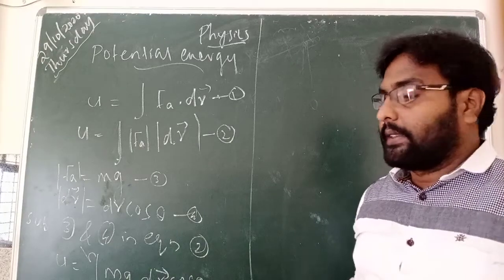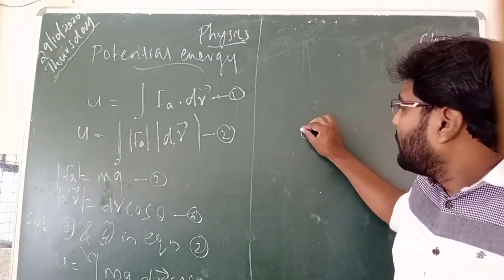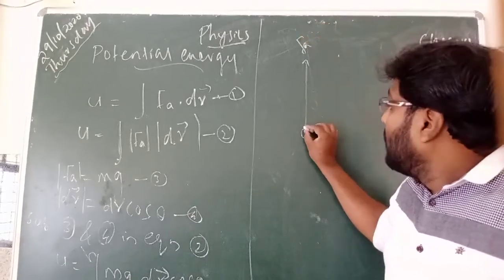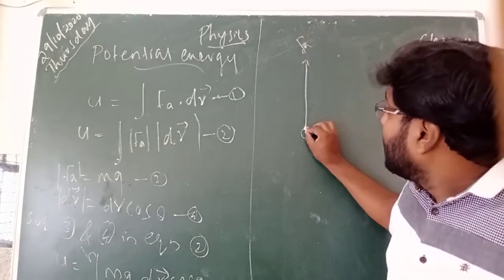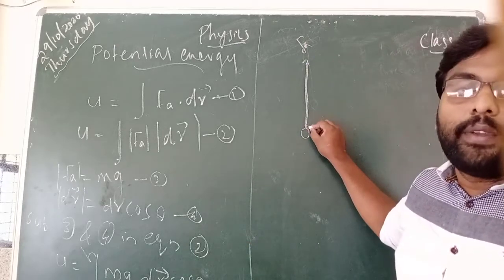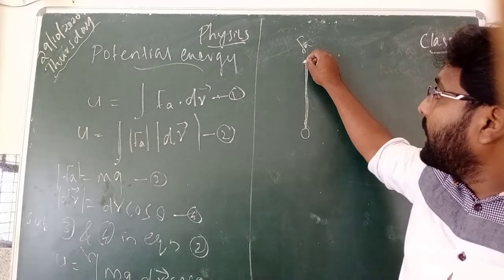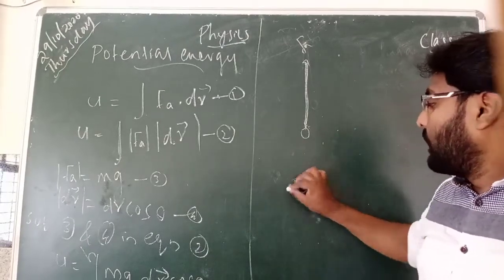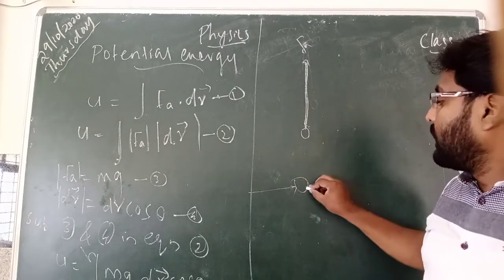When we are integrating this equation, before integrating we have to find the theta value. You see, this is an object. We are lifting in this direction, FA, this direction. The applied force and displacement are in the same direction, so there is no angle between them. Suppose an object is like this and you are applying a force here, so the object moves like this.